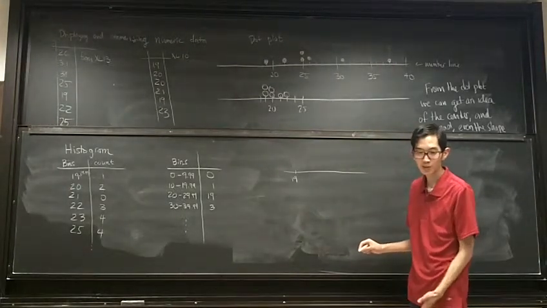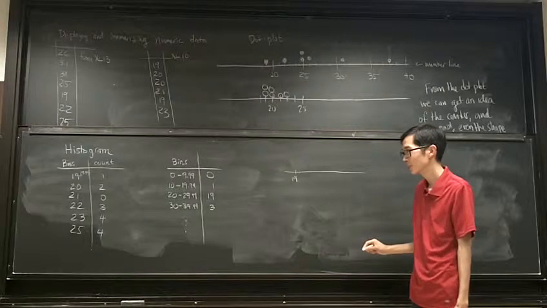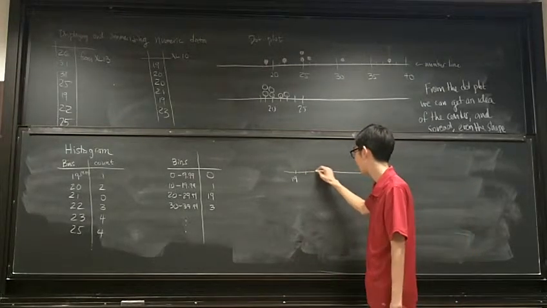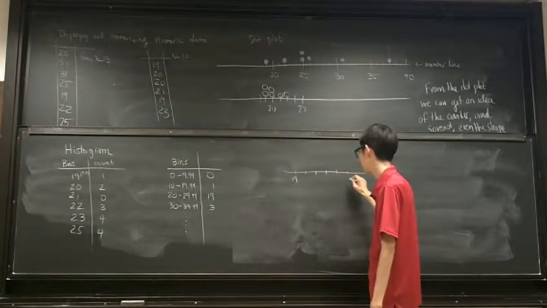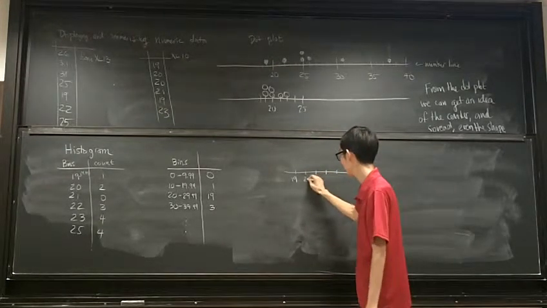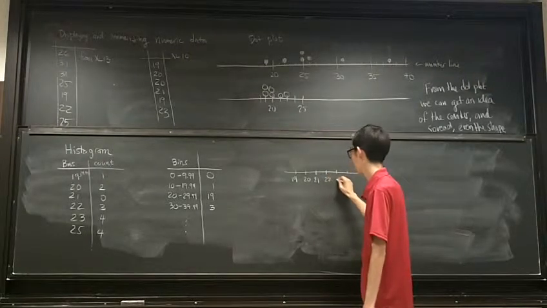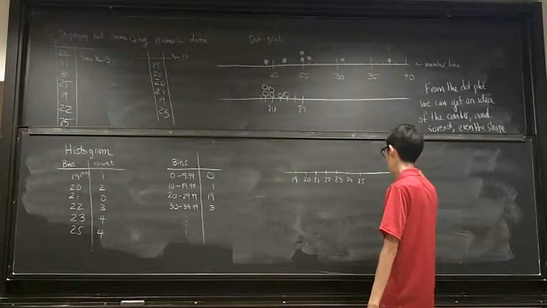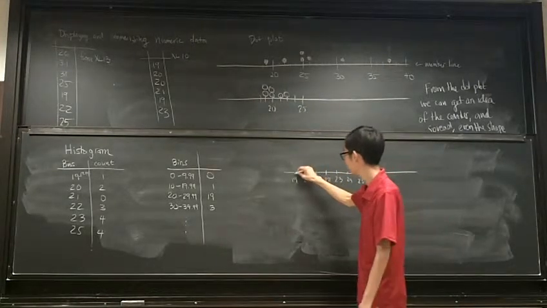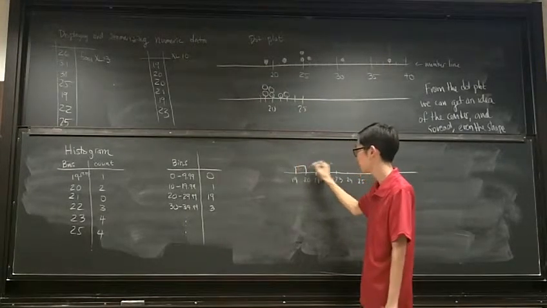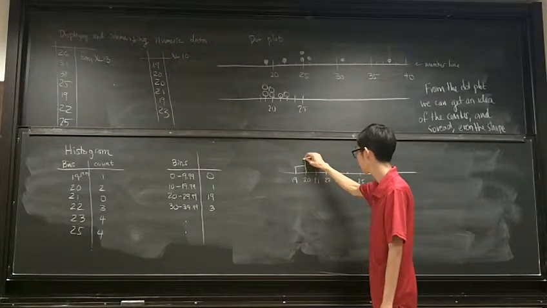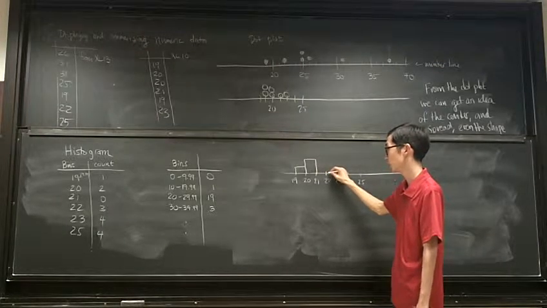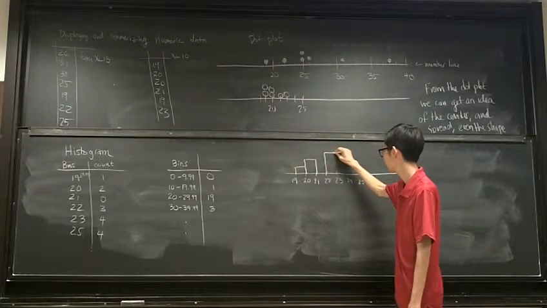Depending on the textbook that you use, they might have bins centered at the number, or markers that distinguish between the different bins. So 19, 20, 21, 22, etc. I would say I've got one person between 19 and 20, 2 people between 20 and 21, 0 between 21 and 22, and I've got 3 here.